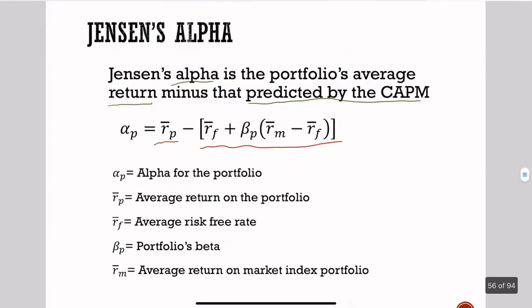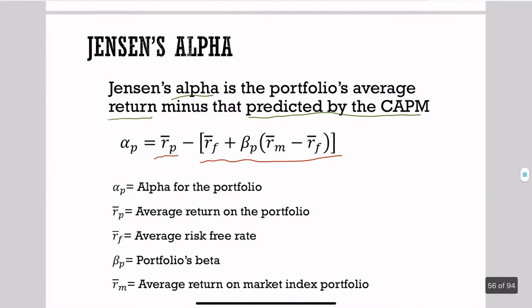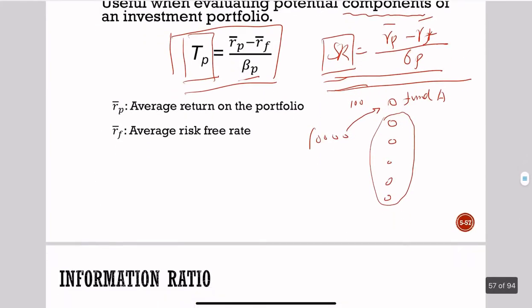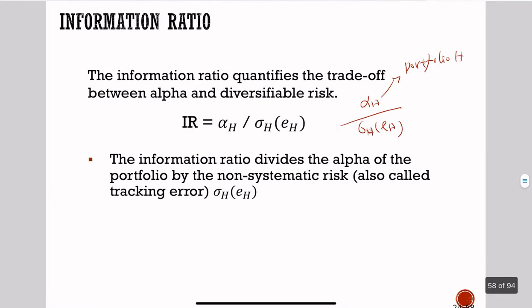Obviously, alpha is defined by this little equation here, Jensen's alpha. And sigma h refers to standard deviation, and EH refers to non-systematic risk. So this denominator measures non-systematic risk.